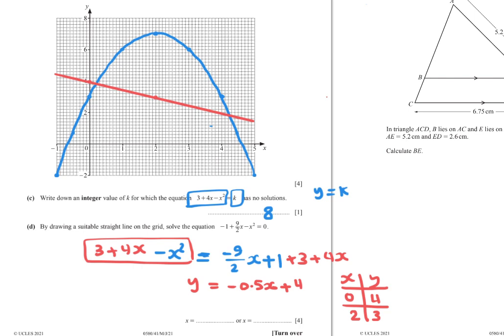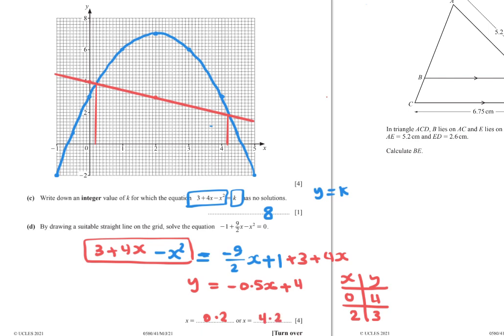For the first one, the x coordinate is about 0.2. For the second point, about 4.2.